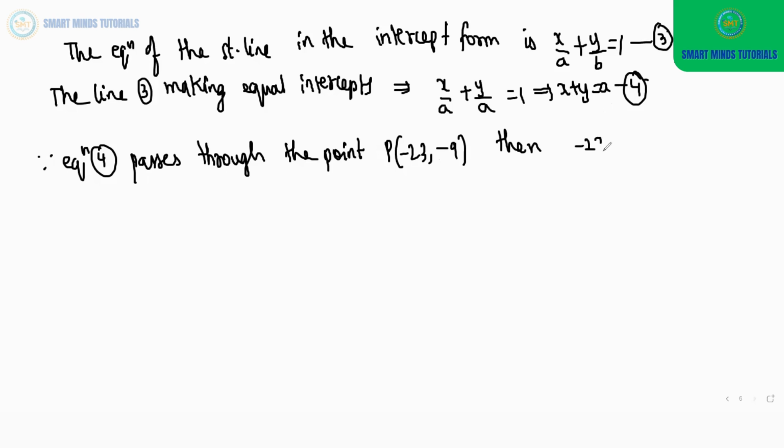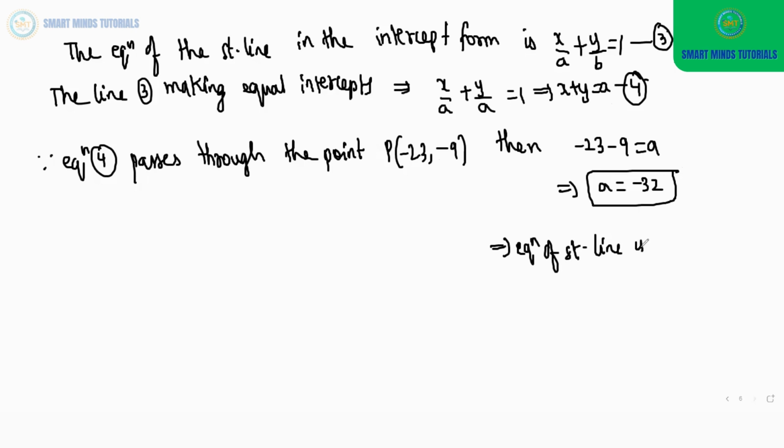So you get minus 23 minus 9 is a. So a is equal to minus 32. Now substitute this a value in the fourth equation again. So equation of the straight line is x plus y is equal to minus 32, or you can write it as x plus y plus 32 is equal to 0.